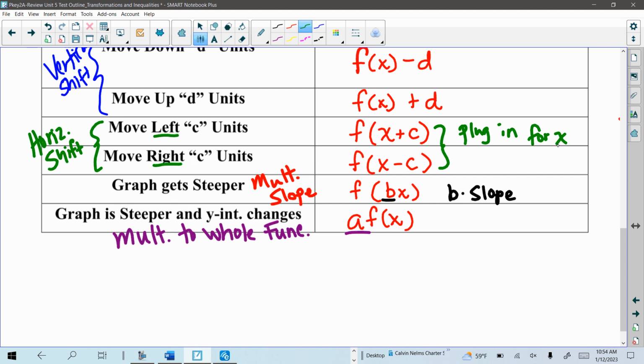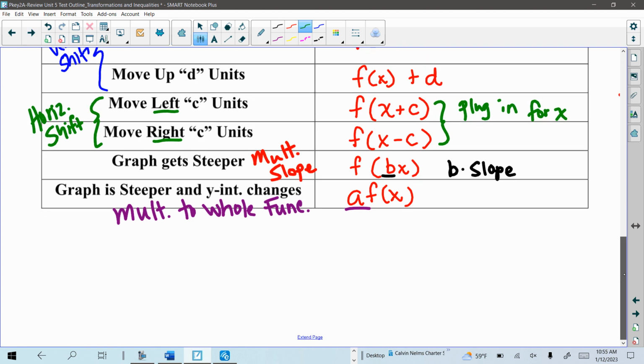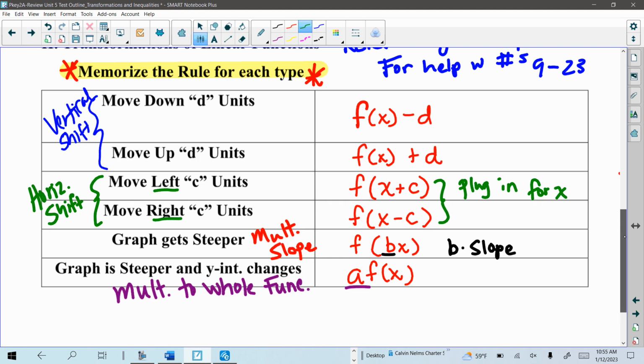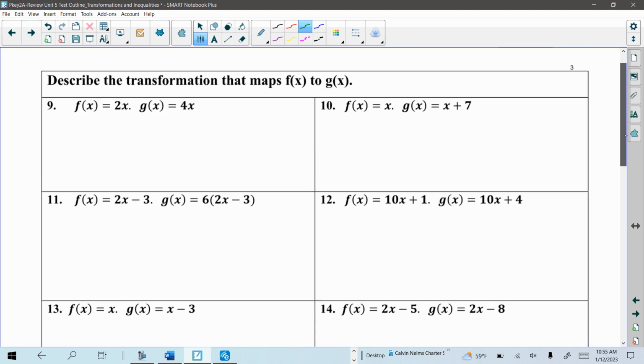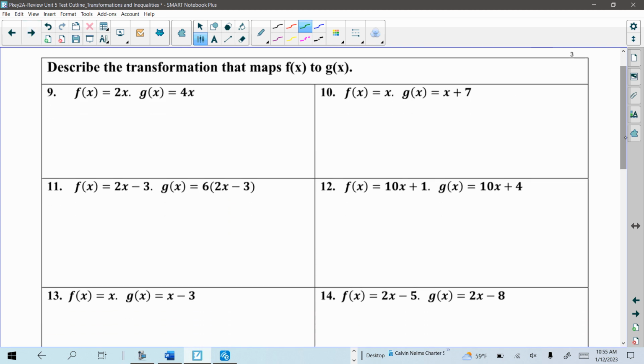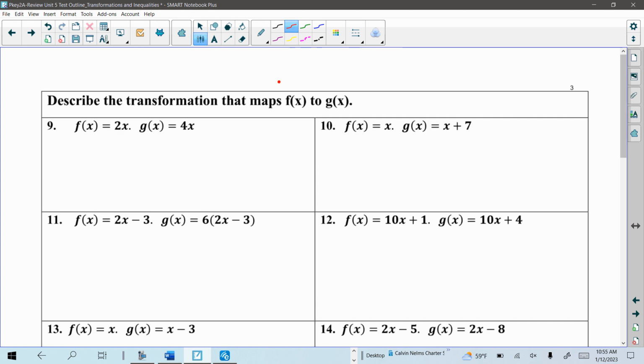If we look at our first section here, they want you to describe the transformation that maps f of x to g sub x. So you have to look at it: f of x is your original, and g sub x is the new. You want to see how it changed.